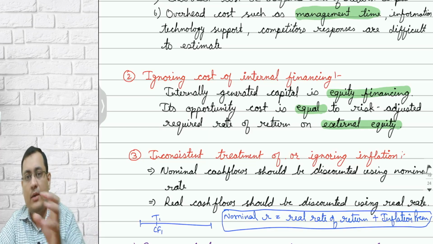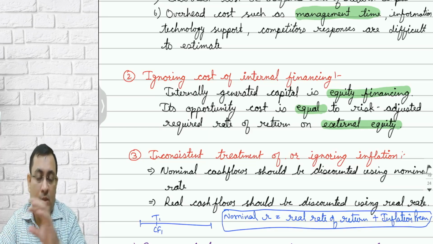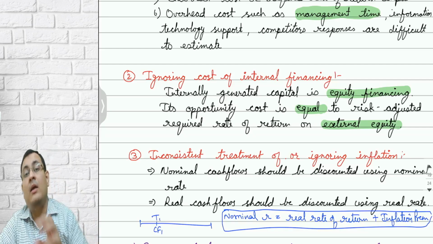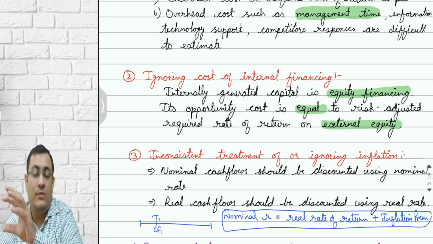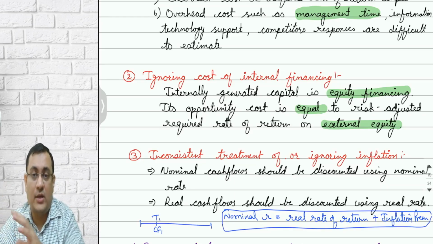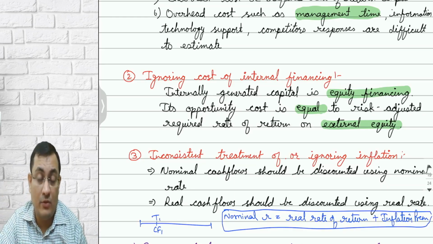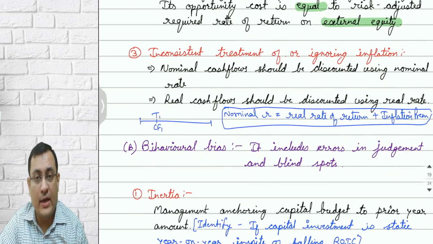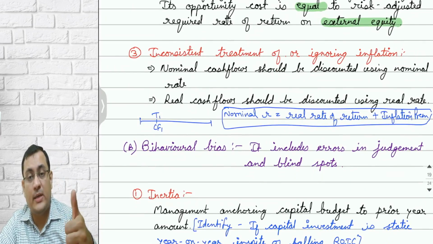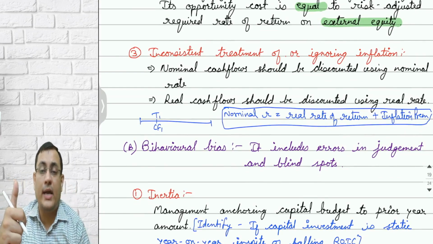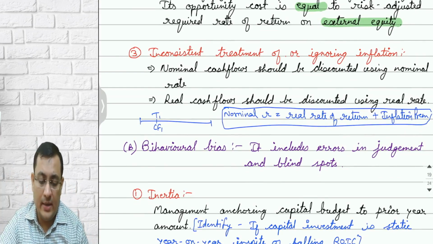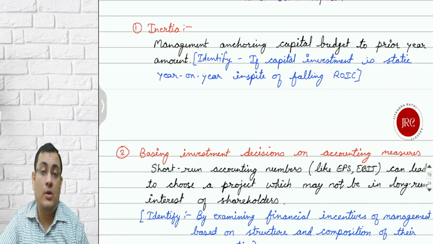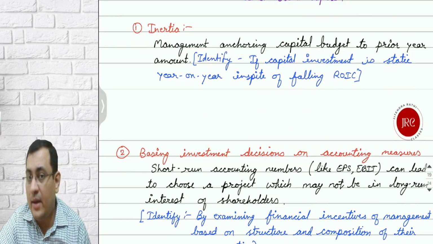Their cost should equal the required rate of return which the equity investors are asking for their external finance, which they have put in the business in the form of capital. Third, inconsistent treatment of inflation. Nominal cash flow should be discounted by nominal rate, and real cash flow should be discounted by real rate of return.